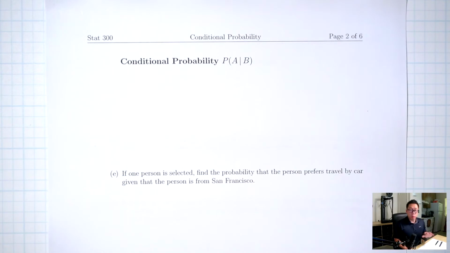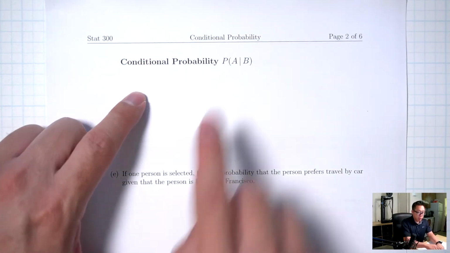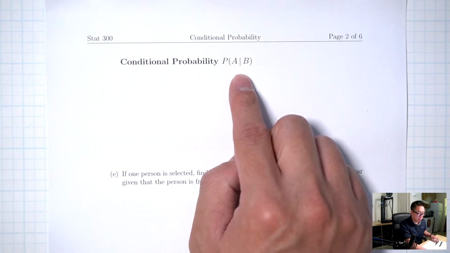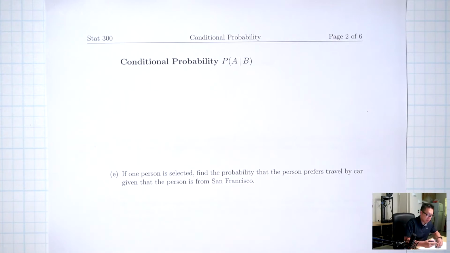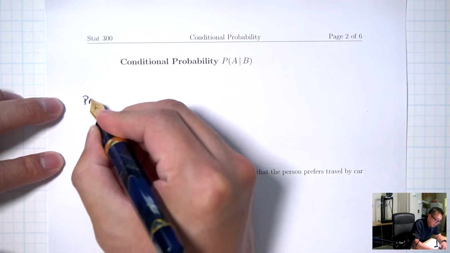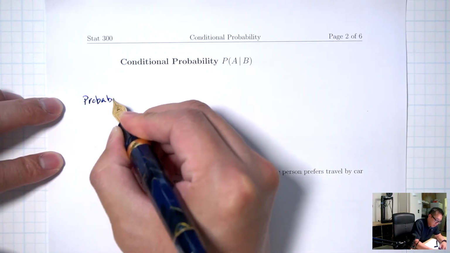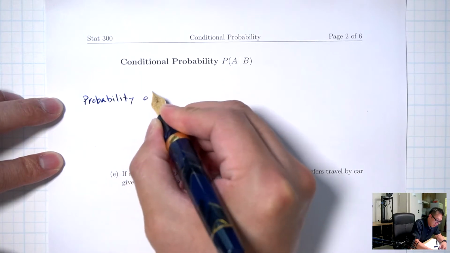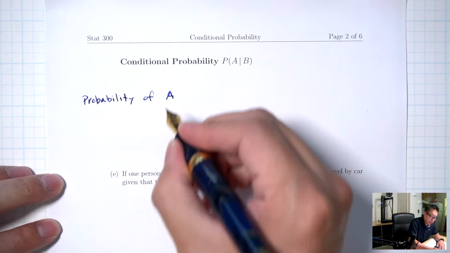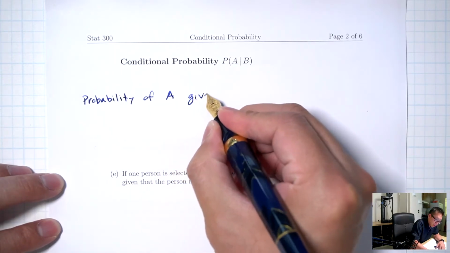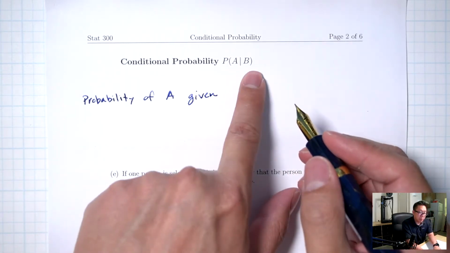Today we're going to talk about three new concepts. The first of which is called conditional probability. And this is the symbol for conditional probability. And what it means is it's the probability of A, given, the vertical line stands for the word given, that B already occurred.